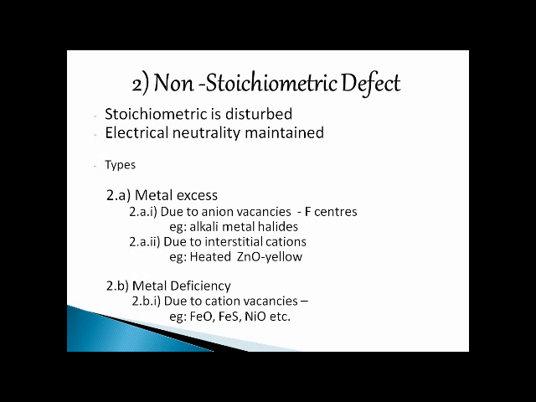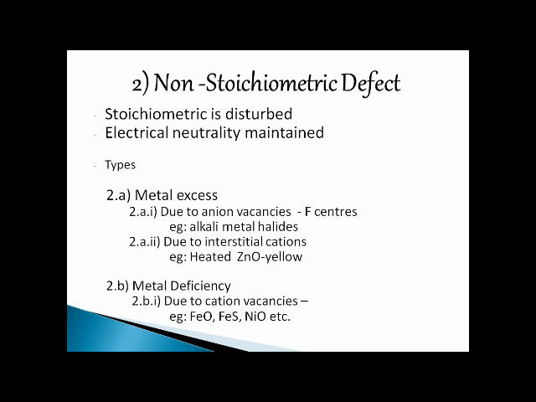Under non-stoichiometric defect, the second type is metal deficiency defect. Metal deficiency defect arises due to cation vacancies.